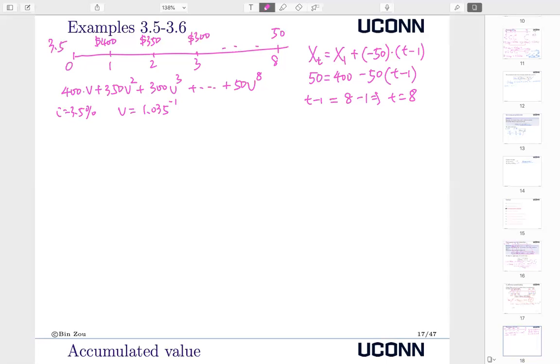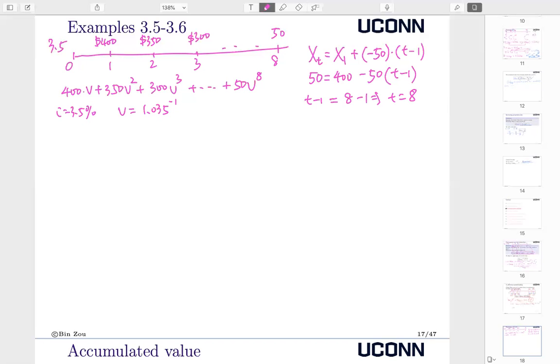Even if you don't know any formula, even if you don't understand any formula, from this step, you can use a calculator and you can get the right answer in less than 1 minute. Right? You can, with the scientific calculator, continue to do this. Right? 400 times this plus 350 times v to -2 plus 300 v to -3 here.